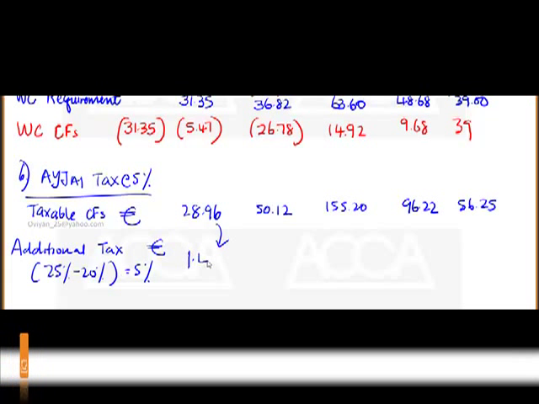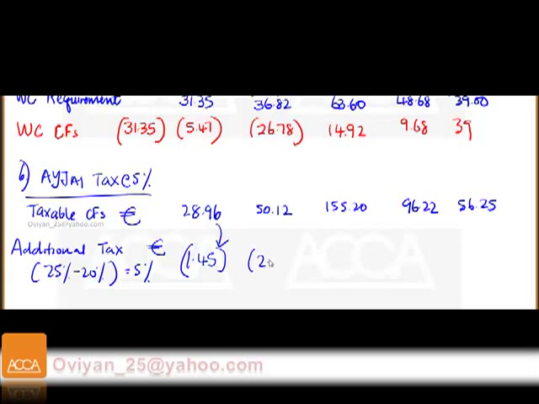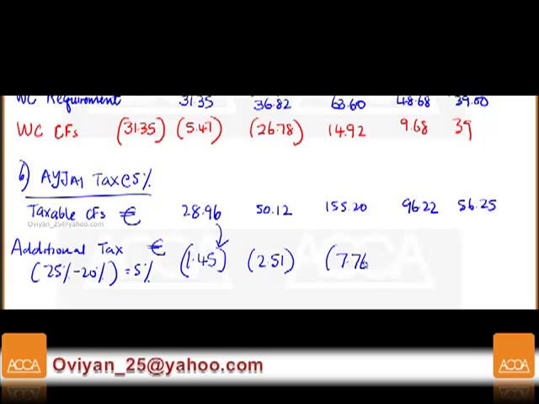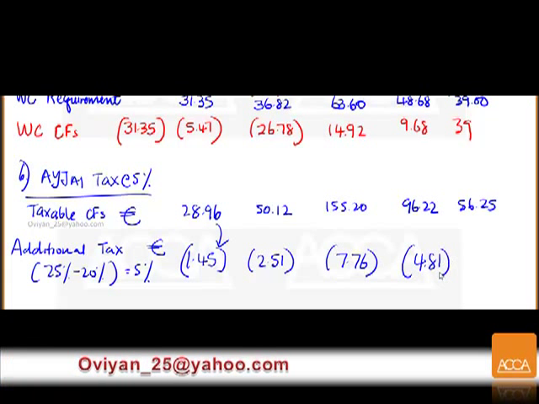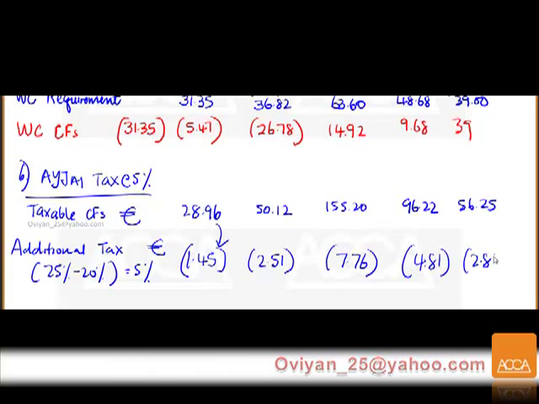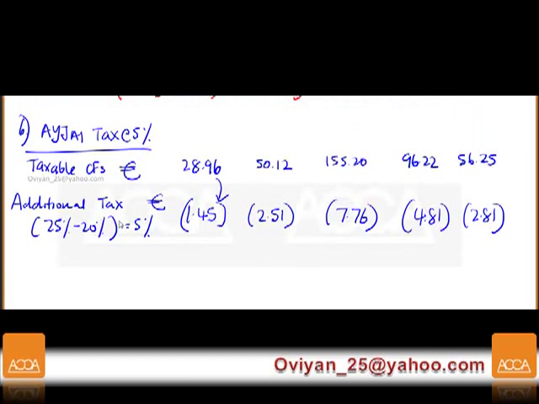So you're going to have 1.45. You got to pay 2.51. You got to pay 7.76. You got to pay 4.81. You got to pay 2.81. Okay, so all this is going to be in brackets.